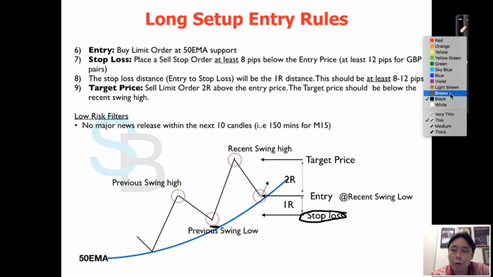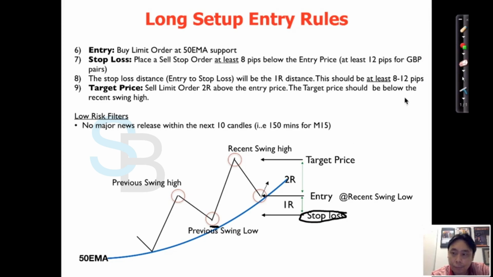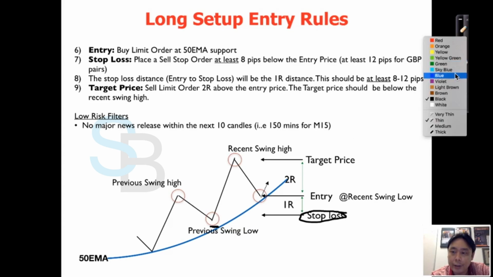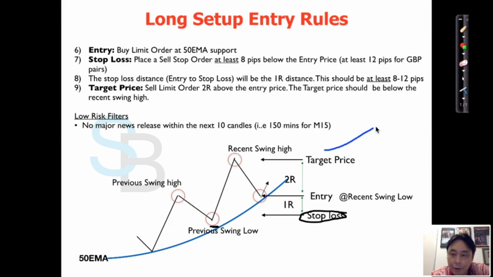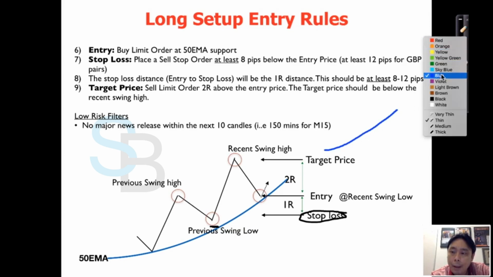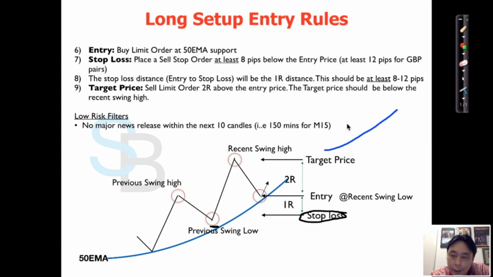So let me just draw an example. So let's imagine that this is the 50 moving average going up, and say it bounces over here, okay? And then it bounces over here like that, okay?